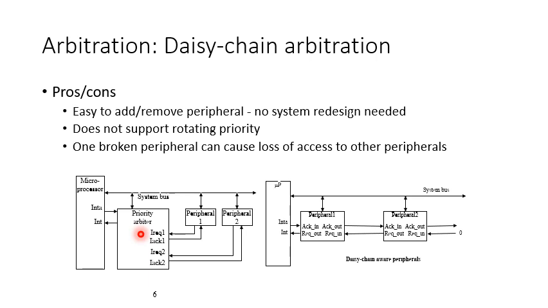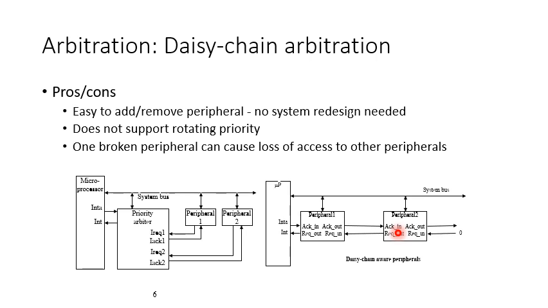It does not support rotating priority, because the priorities are fixed in daisy chain. However, the main disadvantage of daisy chain arbitration is that if any of the peripherals goes down, it will result in loss of access to the other peripherals.